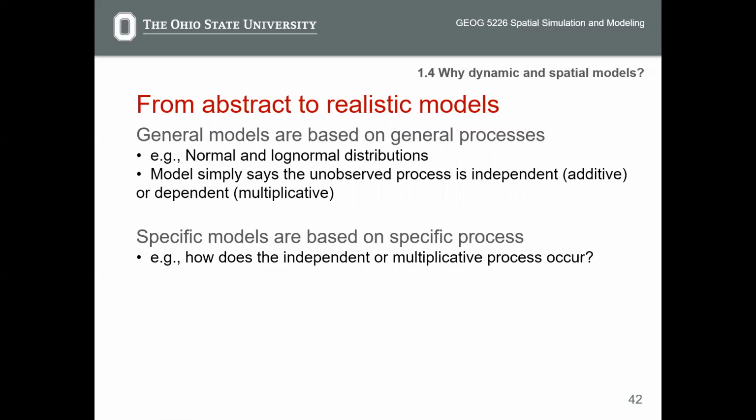Normal distribution, log normal distribution, they're everywhere in our daily life, in our society. So these models are not for a specific phenomenon or for realism. They can be widely used anywhere. Specific models are based on specific processes. This is what? This is for simulation models. For example, how does the independent or multiplicative process occur?